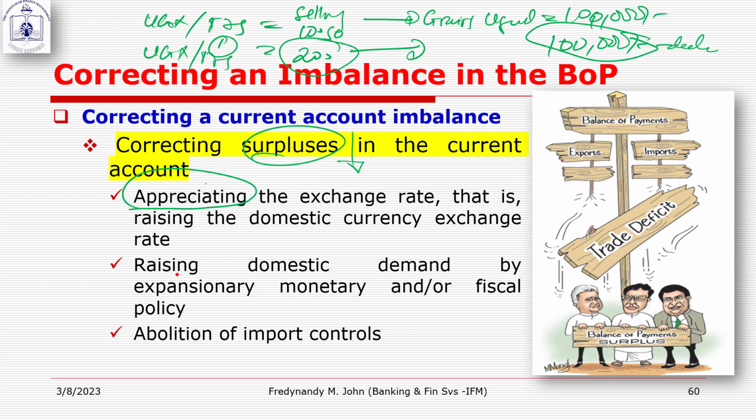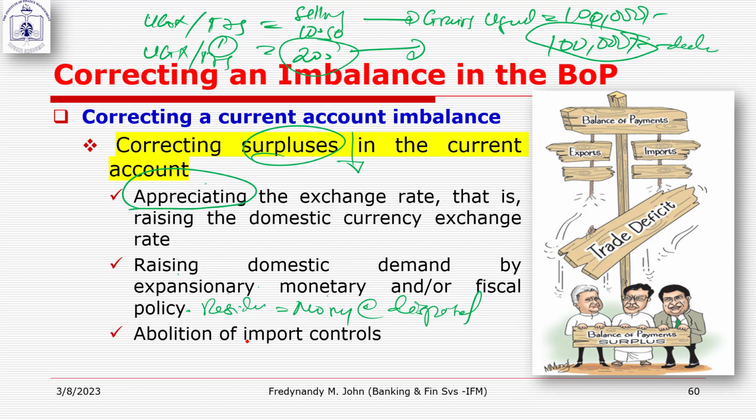Again, you can raise domestic demand by pursuing expansionary monetary or fiscal policy. If you pursue expansionary monetary or fiscal policy, your residents will have a lot of money at their disposal. Now, if they have a lot of money to dispose, most likely they will buy these domestically produced goods and services.